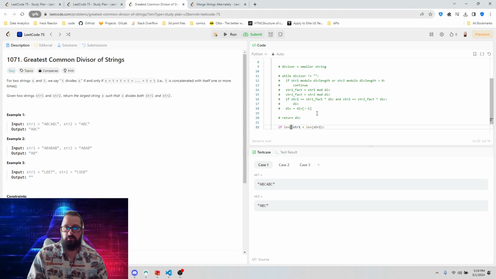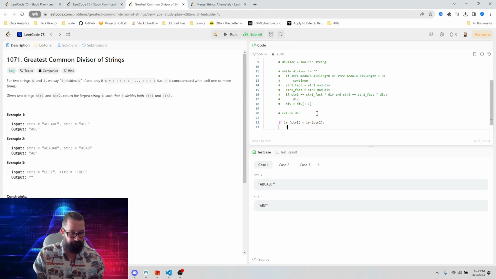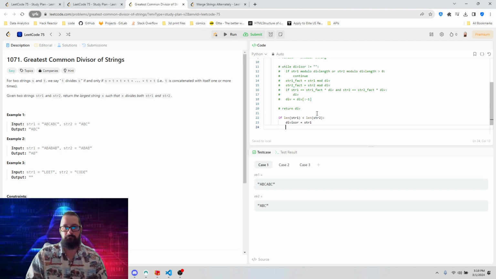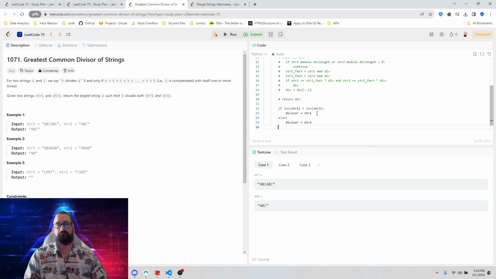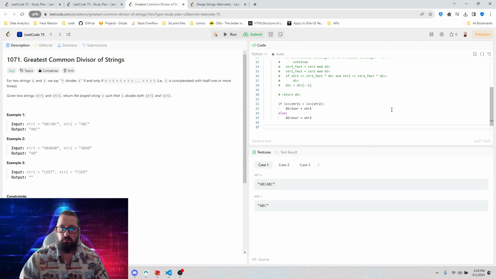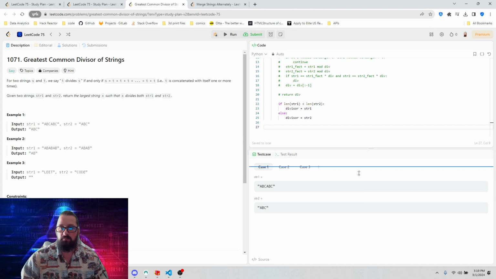If length of string 1 is smaller than the length of string 2, then the divisor equals string 1. Else, the divisor equals string 2. Now, let's make this bigger.